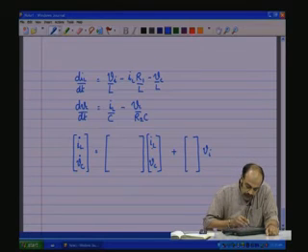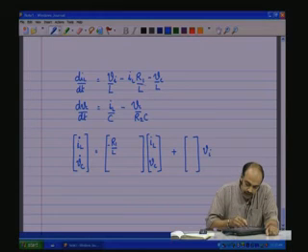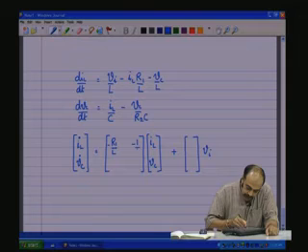So, IL dot equals IL is multiplied by minus R1 by C, R1 by L, R1 by L, and minus 1 by L into Vc.